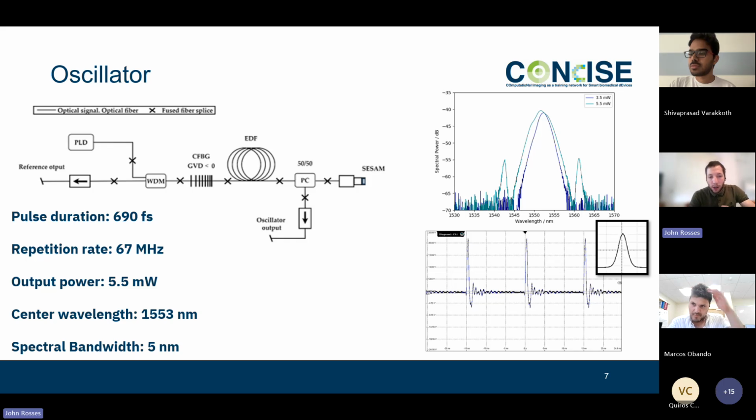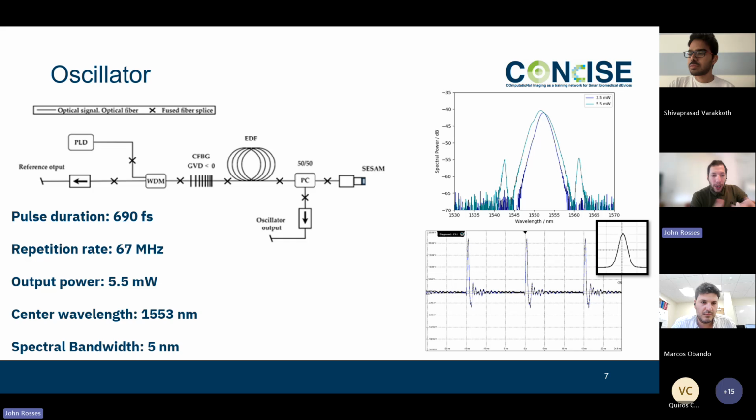This is very nice because at this wavelength, we can use all the commercial components for communication systems, and it's very easy to fuse and to use in our systems.